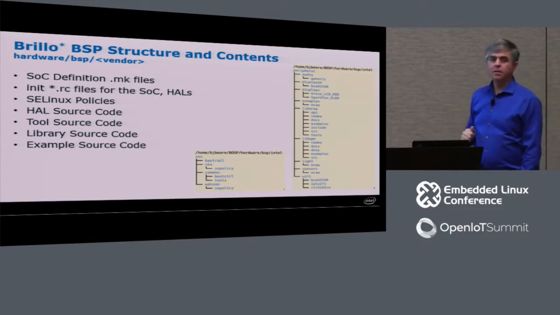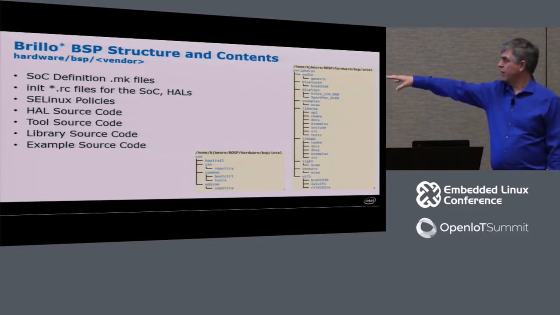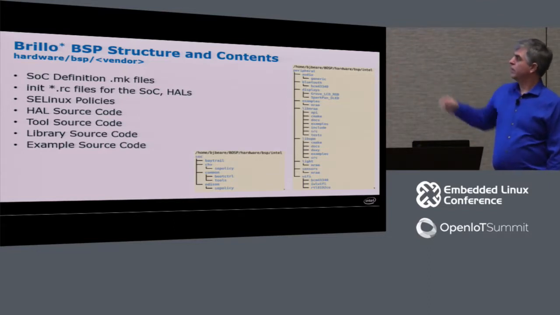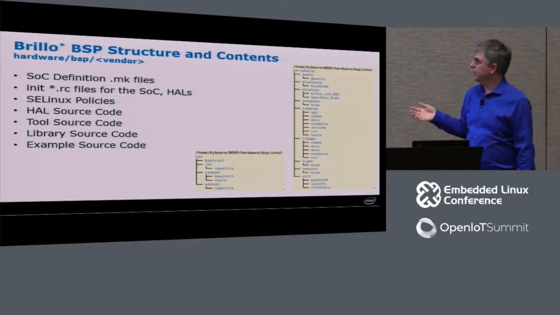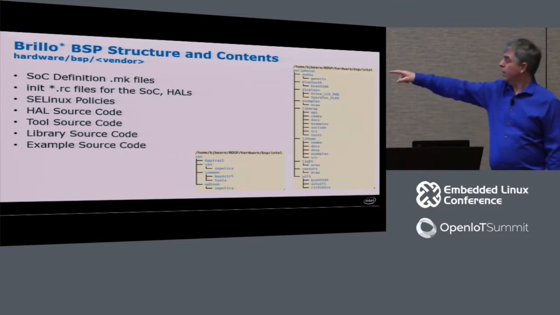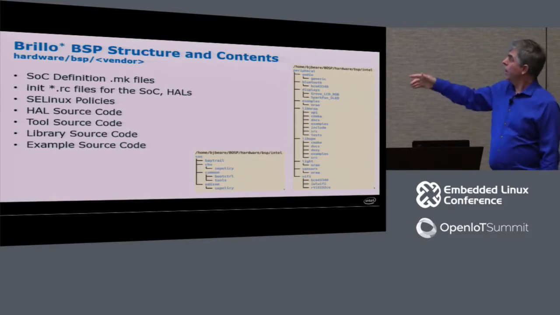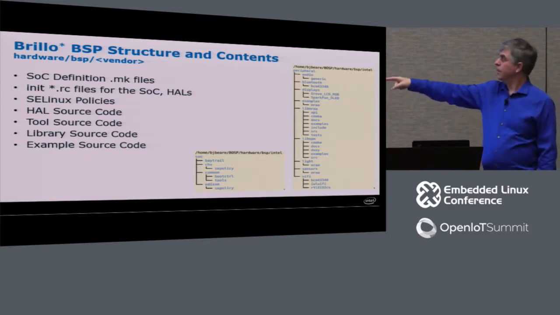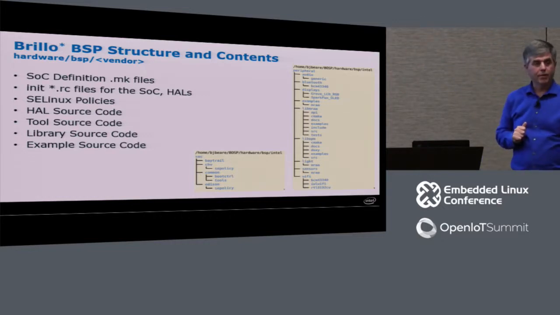We have a common directory there for some tools, and then the Edison directory. And each of those directories will have some make files and some SELinux files and such. I'm not showing the files here, I'm just showing the directories. It'll have the init.rc files and so forth. The HALs and additional tools are in this peripheral directory.